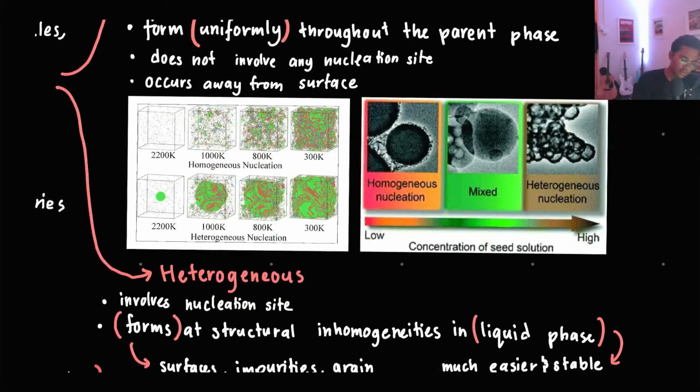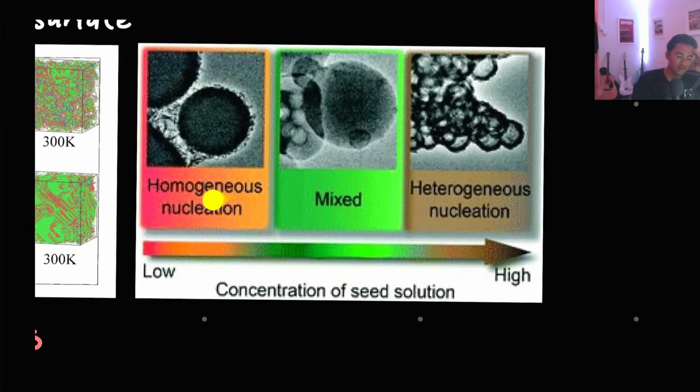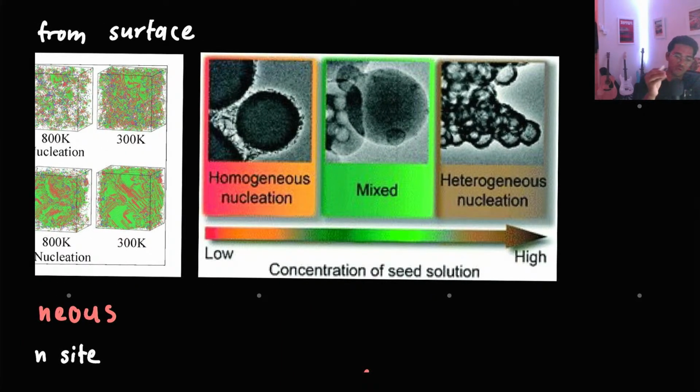You can see here the difference between homogeneous and heterogeneous nucleation. Physically we can see the size of the nucleus is bigger for homogeneous, but smaller for heterogeneous. This is because homogeneous nucleation takes a longer time since it wants to form uniformly, while heterogeneous does not form uniformly, so it just emerges from the surfaces and creates small nucleations.